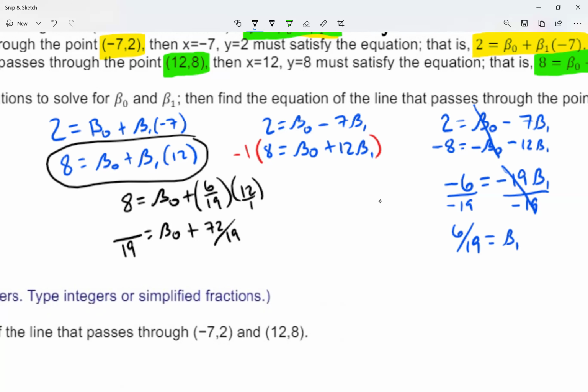So what's 19 times 8? 152, okay? Now just before we continue, do me a favor, grab a calculator. Is 152 divided by 19 equals to 8? Yes, okay. So notice how we changed a whole number into a fraction. We just wanted common denominators.